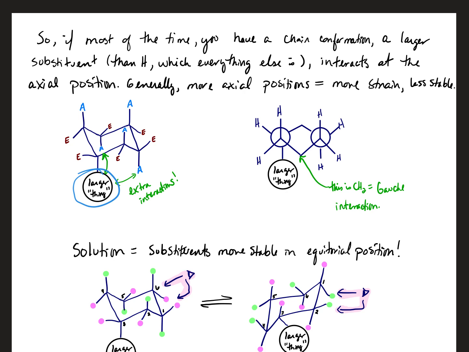So if we have this at the axial position, then what that means is we now have a gauche interaction between these two locations. So this is looking at things sort of like in the Newman projection, okay? But you can also see this by making a model kit. You can see that this larger thing ends up interacting with the two other axial positions pretty easily, okay?